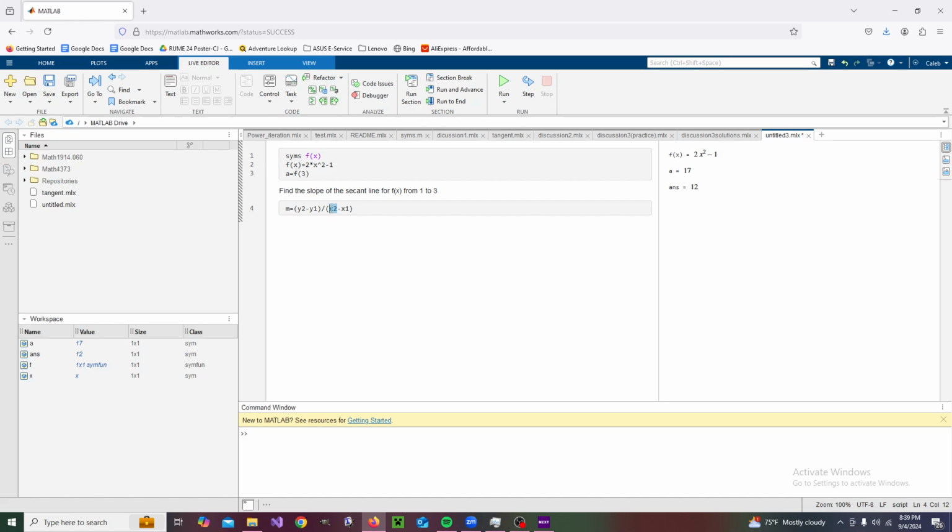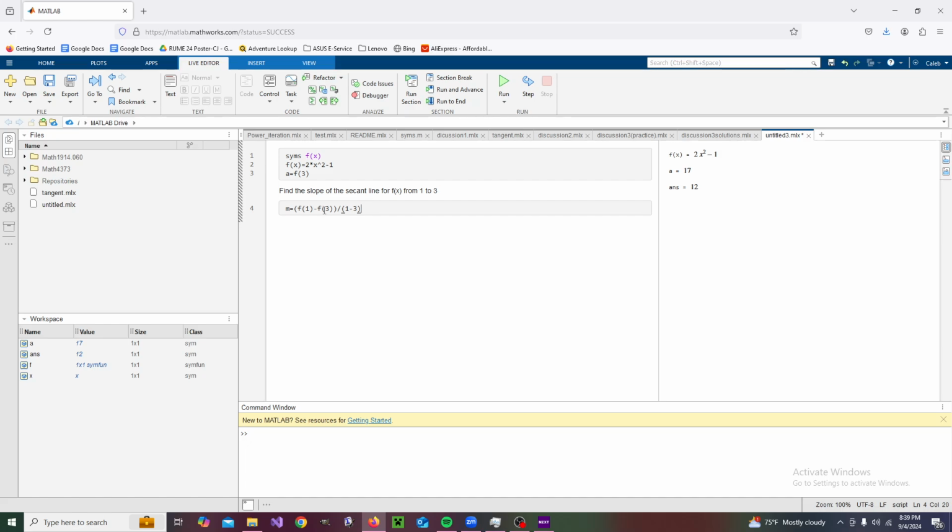For us, they're going to be 1 and 3. Well, what are the y values? They're the output of the function at the x values. So y2 would be the output of the function at 1, that's just f of 1. And y1 would be the output of the function at 3, so that is just f of 3.